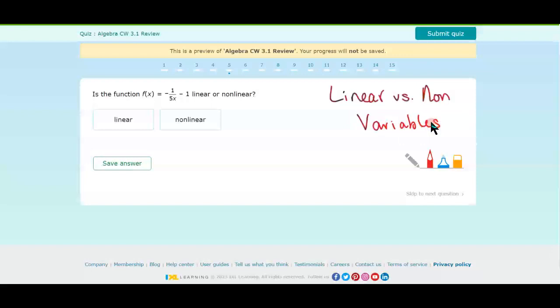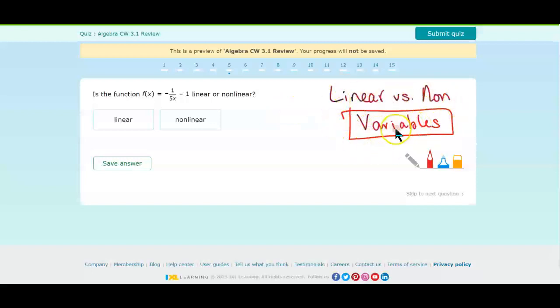Having a 7.5x is totally okay. But having x to the 7.5 power, that's a problem. So linear versus nonlinear is all about the variables.